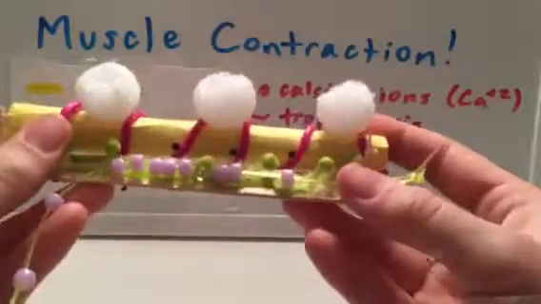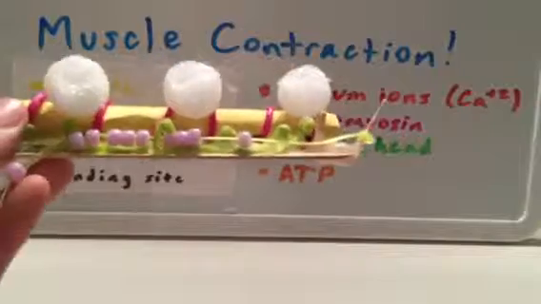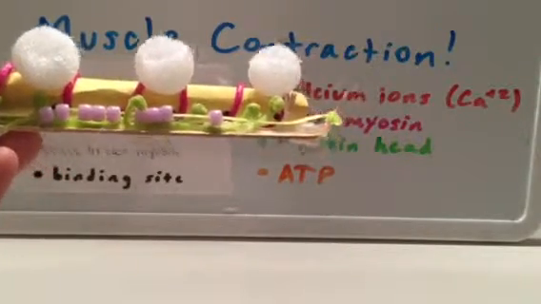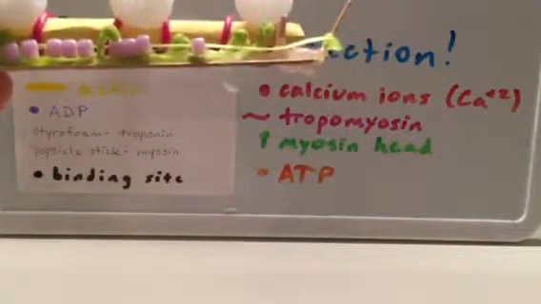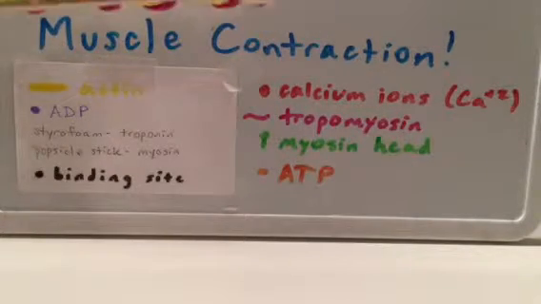And it's only when the ATP comes back that the myosin heads detach from the actin and then can go back to normal. So that's why you get the stiffness after death of rigor mortis.